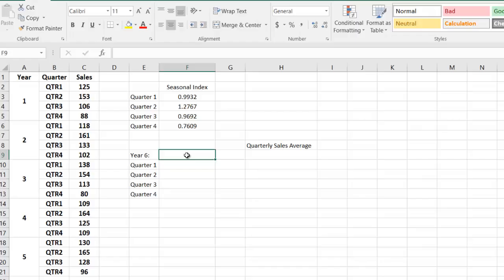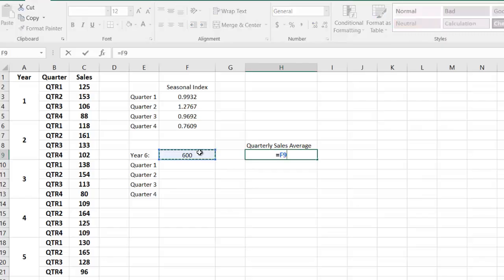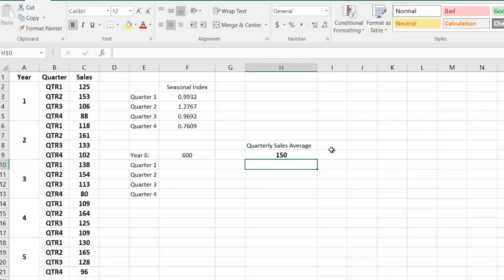For instance, on year 6, it is expected that the total annual sales is 600 units. Therefore, the quarterly sales average is equal to 600 divided by 4 quarters. That's equal to 150. And from here, we're going to make a quarterly forecast using the seasonal indices.